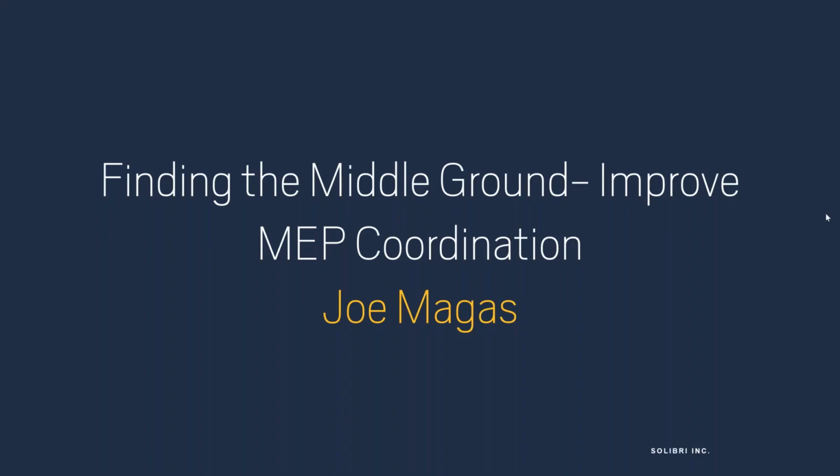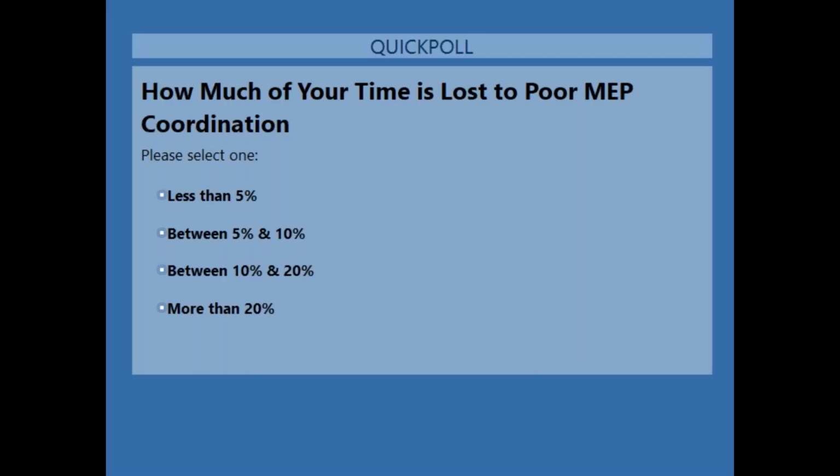All right, and one more final question regarding how much of your time do you think is lost to poor MEP coordination? Oh, wow. We have a lot of votes for more than 20%.